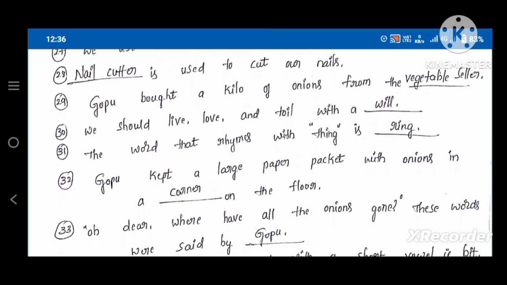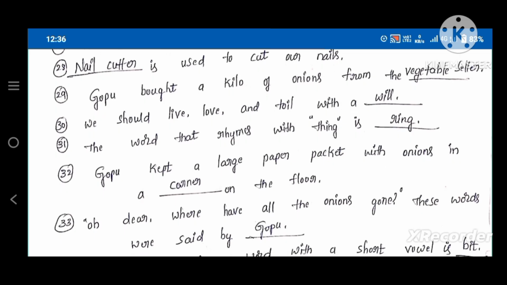33rd one, oh dear, where have all the onions gone?